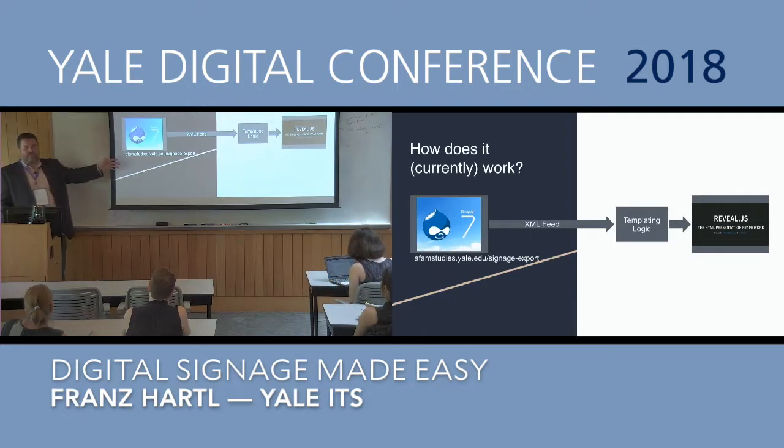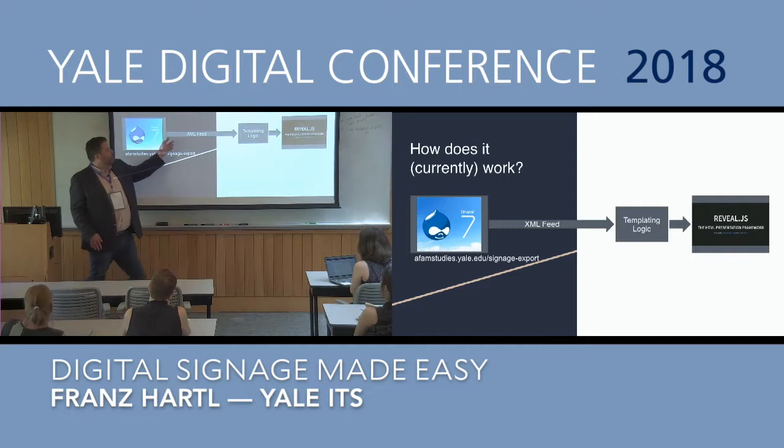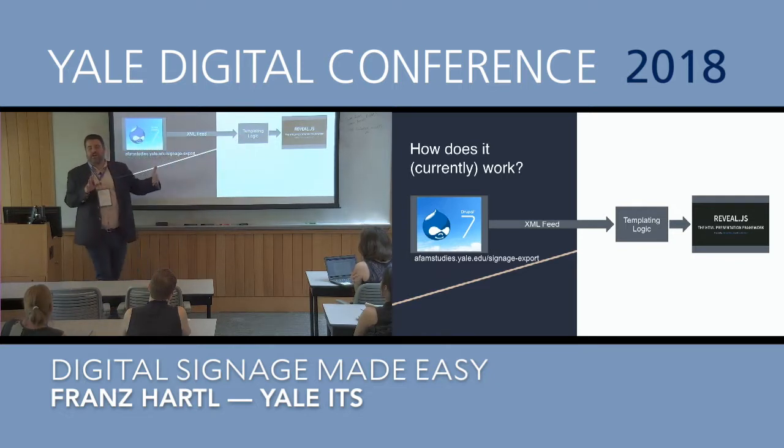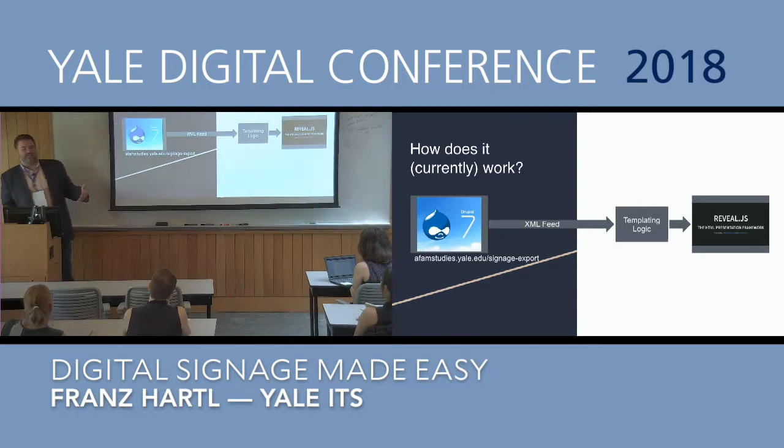We're taking what we have as content and moving it in an XML feed, and then we have a front end framework with JavaScript, using Reveal, and it says, okay, just render it in all these different formats or ways, depending upon the structure in the XML feed.